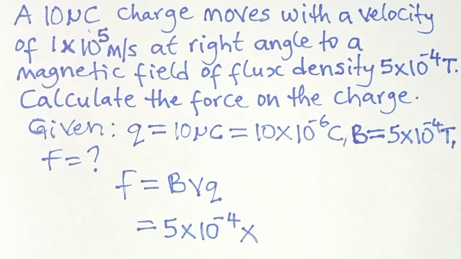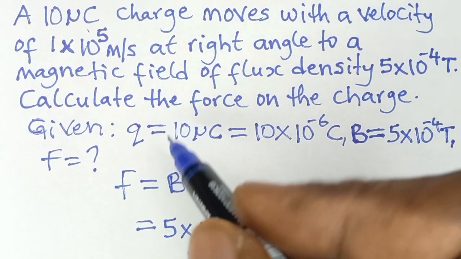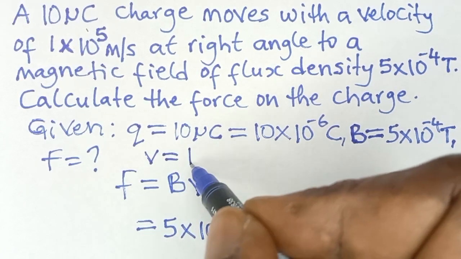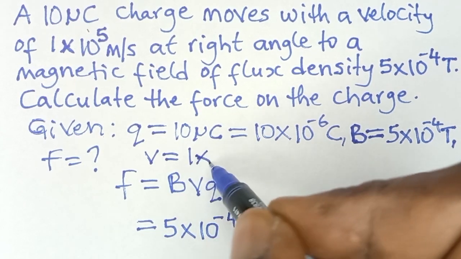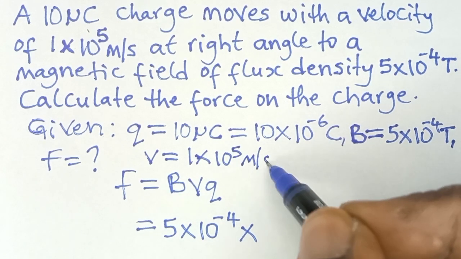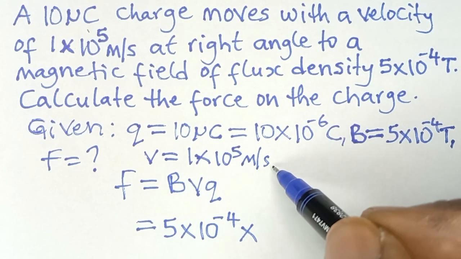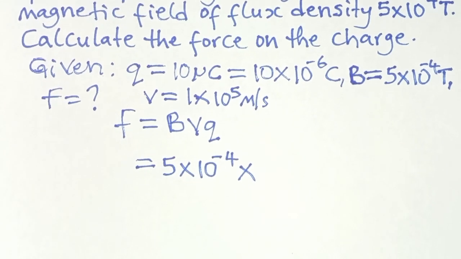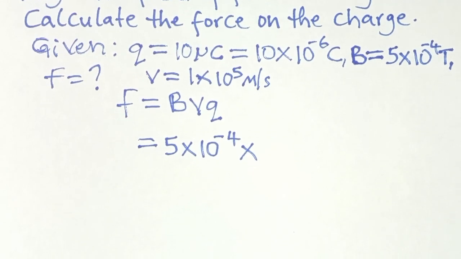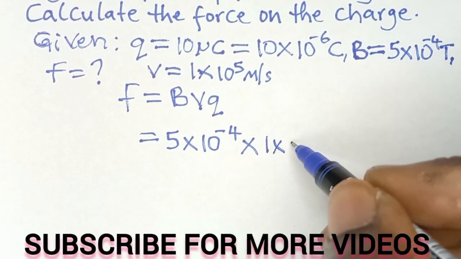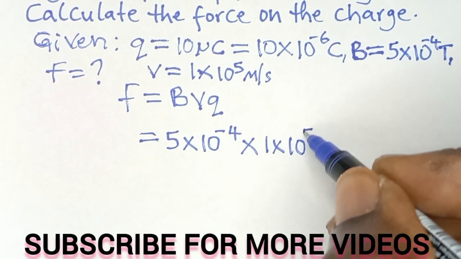Sorry, we have the velocity from the question, and that is V. So the velocity is 1 times 10 raised to power 5 meter per second. So now we have to multiply by the velocity, and that is 1 times 10 raised to power 5.